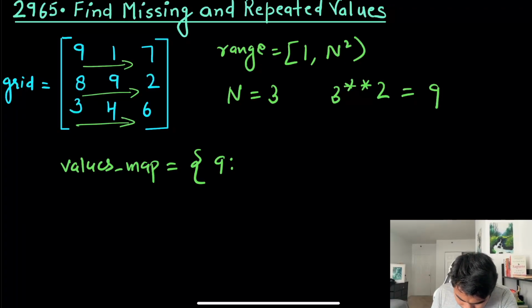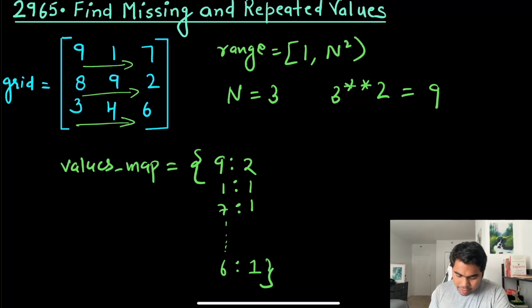So 9 has appeared in this case 2 times, 1 has appeared once, 7 has appeared once, and everything else has appeared once except 9. Then I can go through my values map and see which number has occurred 2 times and which number hasn't occurred.